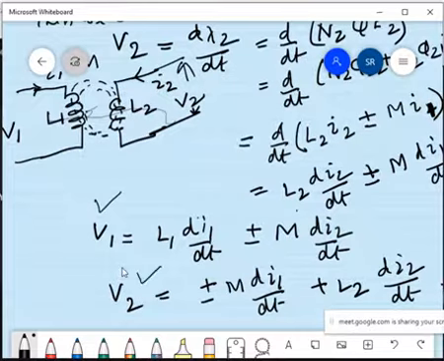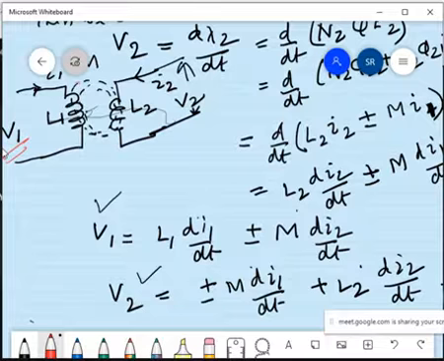Similarly, the other voltage must be the sum of two voltages: the self-induced EMF plus the mutually induced EMF. In the second coil, current is I2, so the EMF is induced in this coil due to current I2.